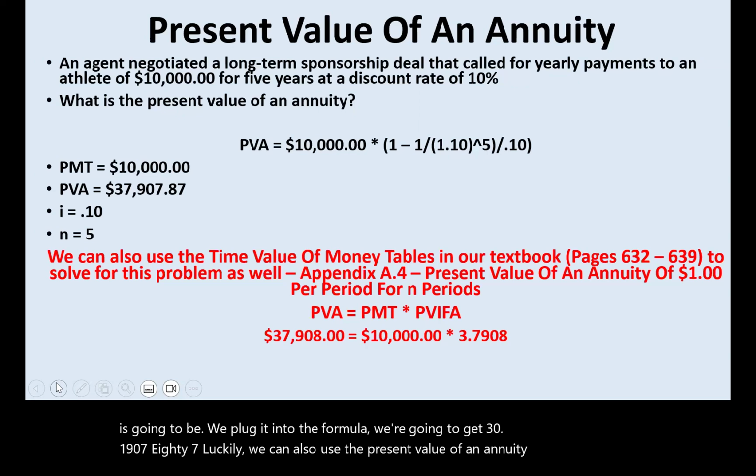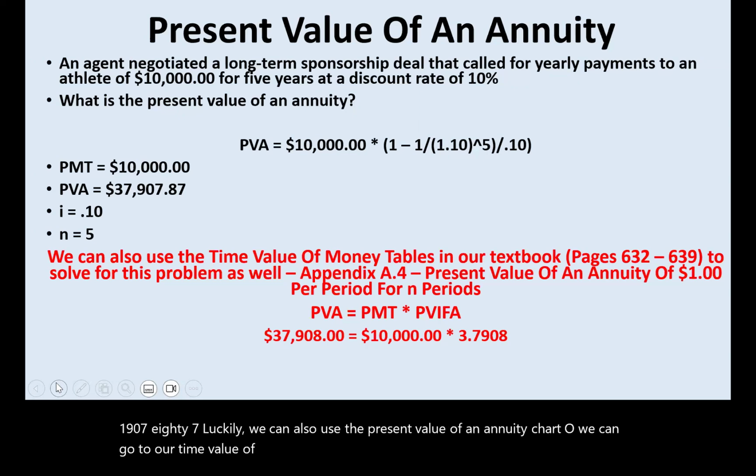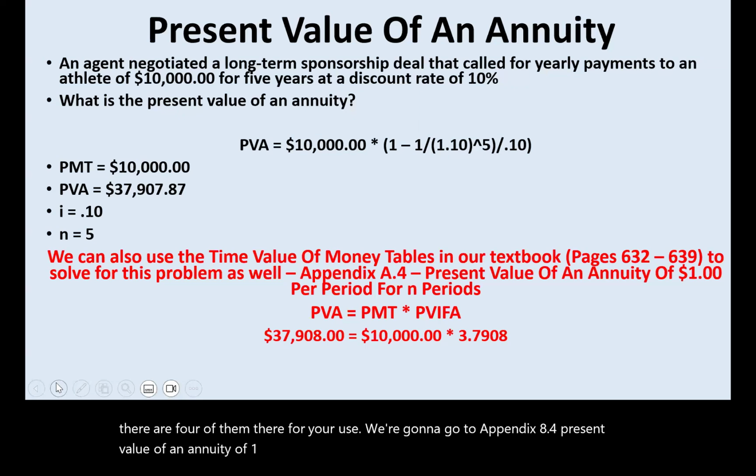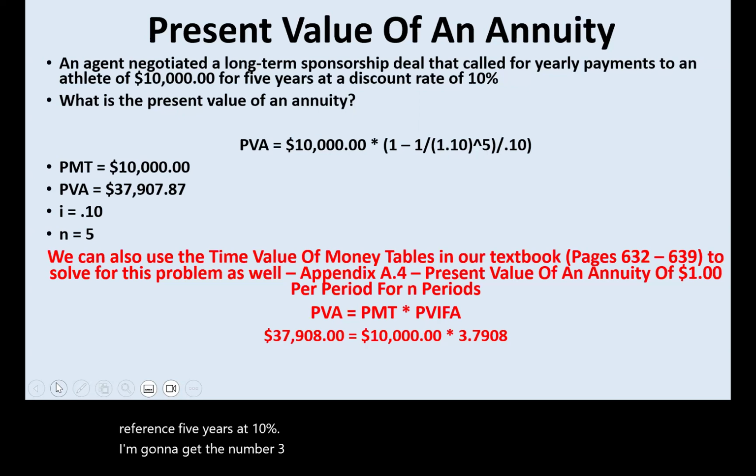Luckily, we can also use the present value of an annuity chart. So we can go to our time value of money tables in our textbook or on our Canvas site, because there are 4 of them there for your use. We're going to go to Appendix A.4, present value of an annuity of $1 per period for n periods, and then cross-reference 5 years at 10%. We're going to get the number 3.7908.